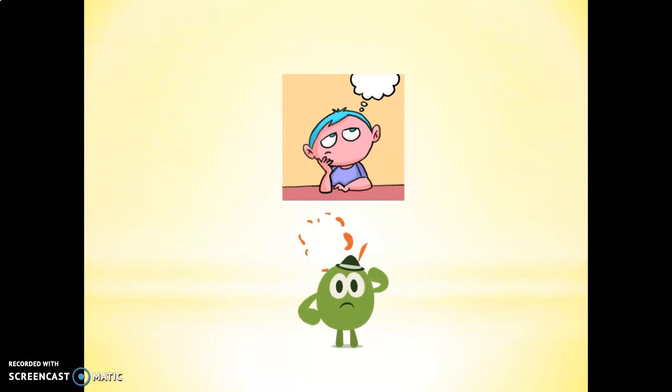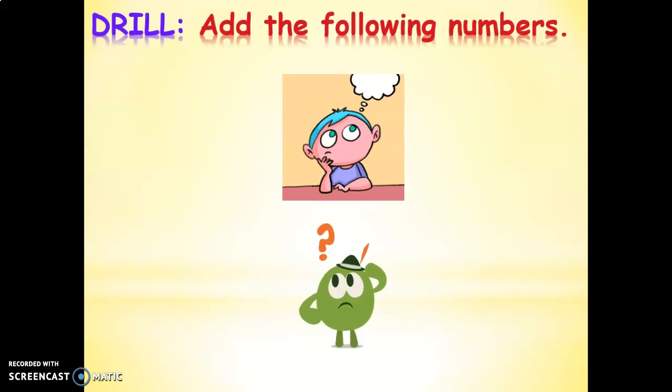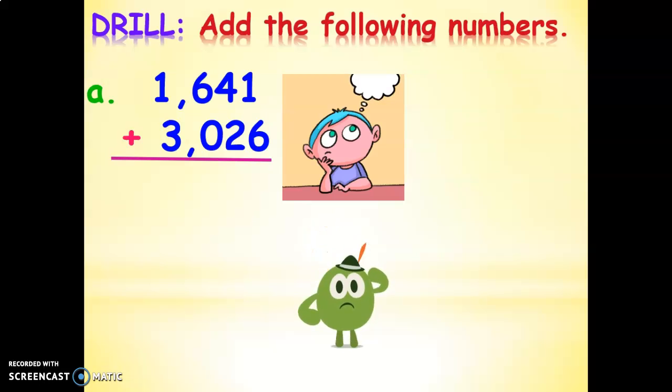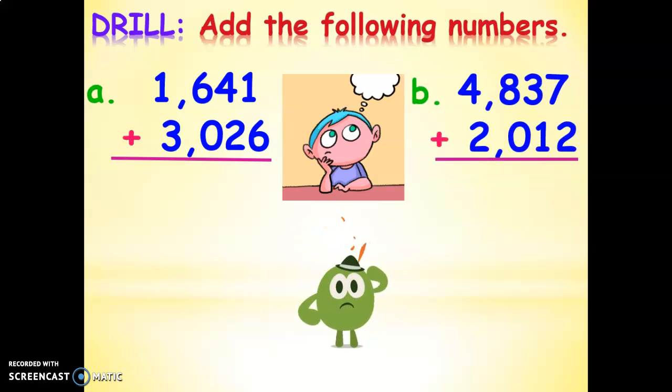Now I hope that you do understand the explanation on how to do column addition with no regrouping. This time, try to answer this drill. Add the following numbers. For letter A, add 1,641 and 3,026. For letter B, add 4,837 and 2,012.